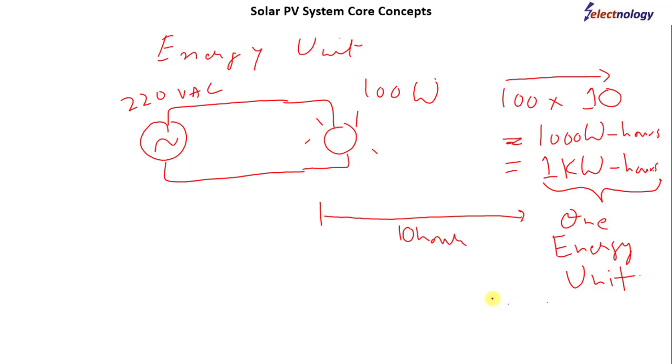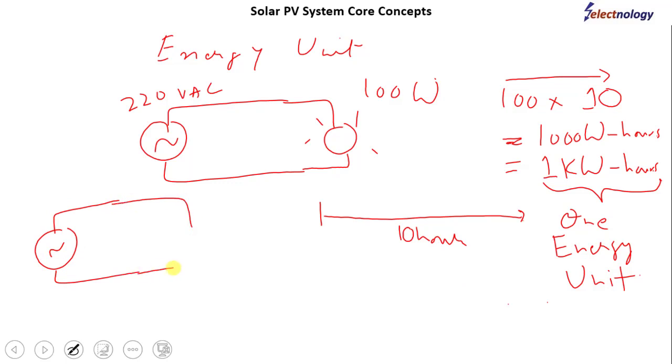Let's take another example. Suppose there is another load, an air conditioner, and that is 1500 watts.